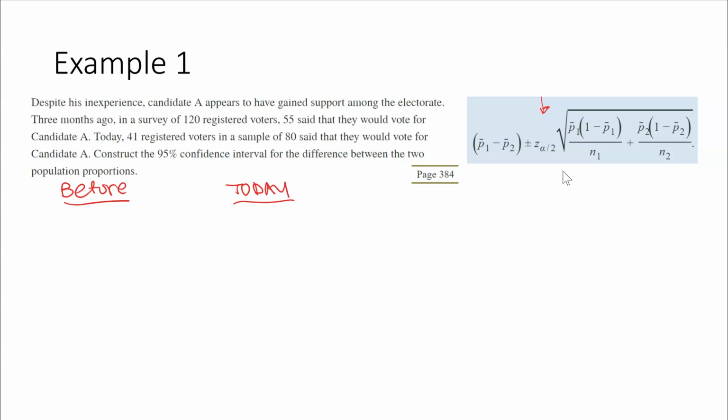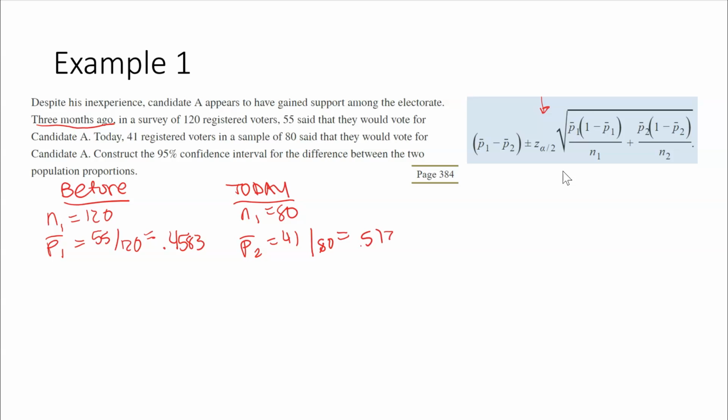So before and today. 3 months ago, we had a survey of 120 registered voters, and the proportion of those that said they would vote was 55 out of 120, which is 0.4583. And today, they had a sample of 80, and the proportion was 41 out of 80, which is 0.5125.